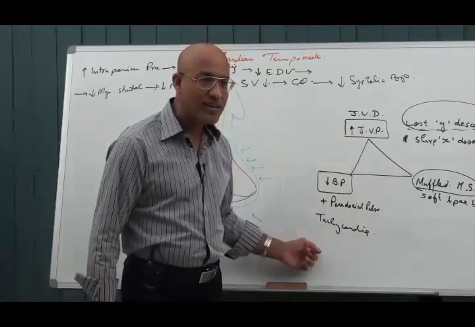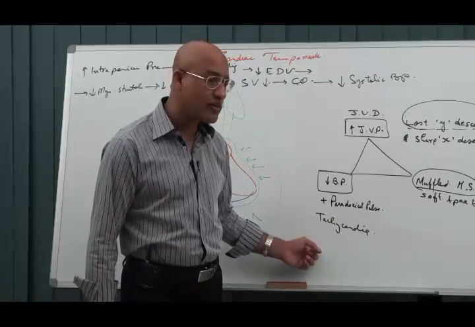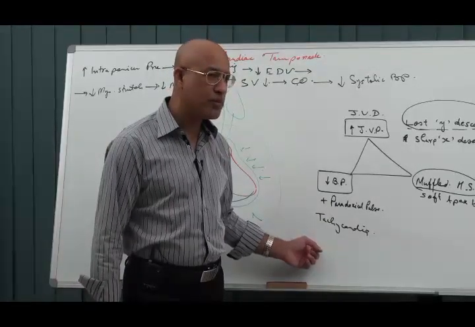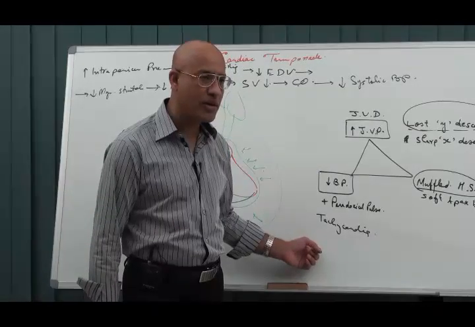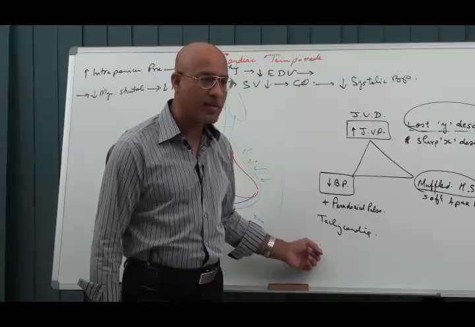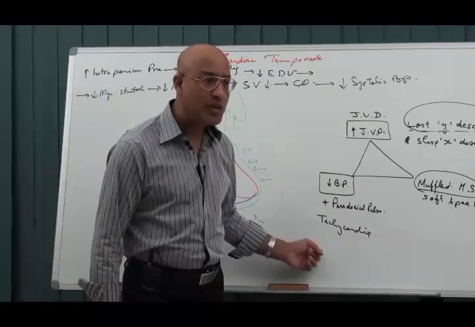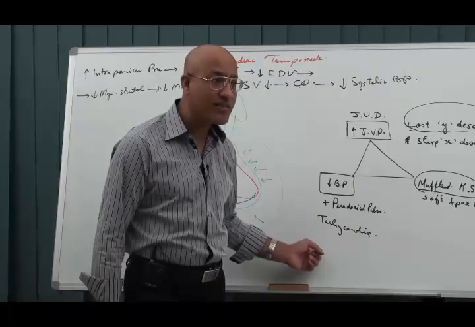But there are a few conditions. A very good doctor will be alert that sometimes there may be a patient with tamponade but no tachycardia. A classical example is a patient of tamponade with myxedema. Another classical example is tamponade with uremia. You know, uremia also produces bradycardia and heart blocks.